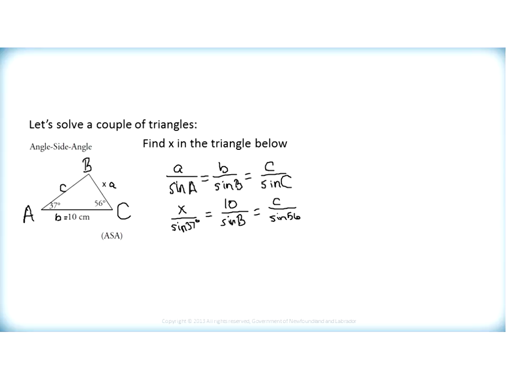So the way it looks right now, we have a missing value from all three of our ratios. So it looks like it might not be solvable.